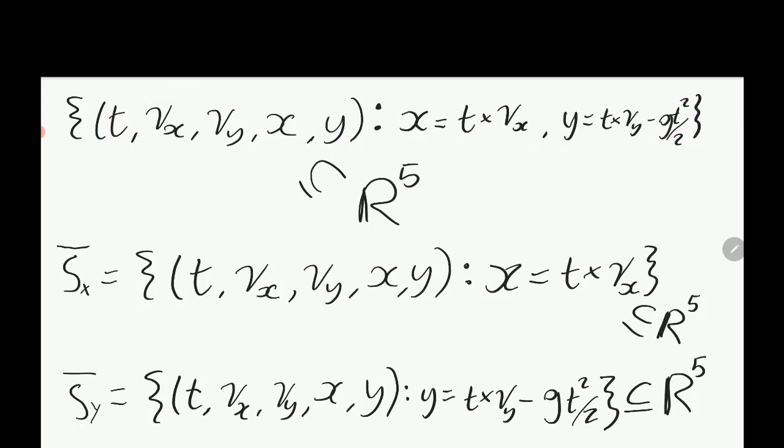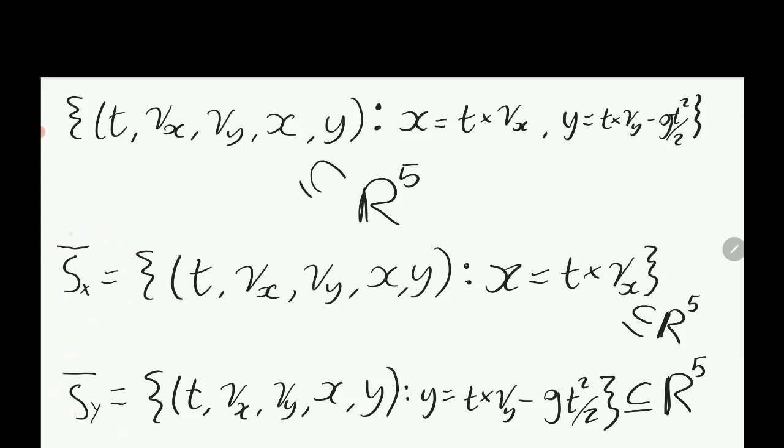In other words, such that the horizontal and the vertical motion of our projectile are described properly. But then how can we get this? Well, we can just take this Sx bar collection, which is telling us about our horizontal motion, and we can just do the intersection of this Sx bar hypersurface with this Sy bar hypersurface.